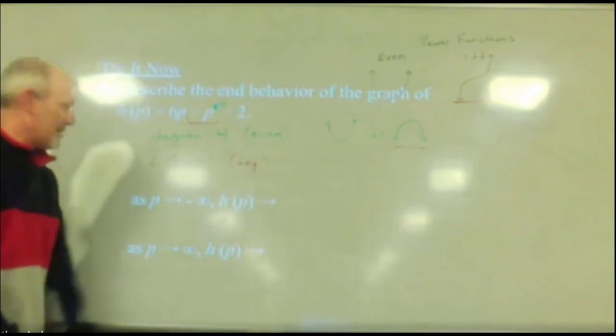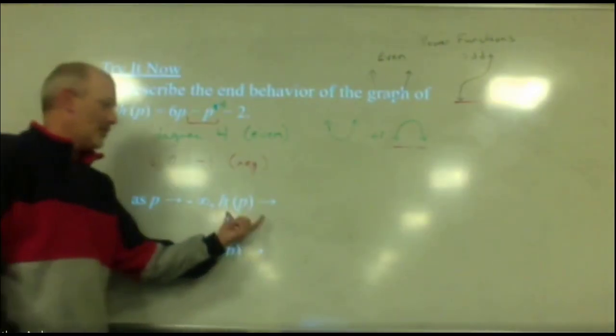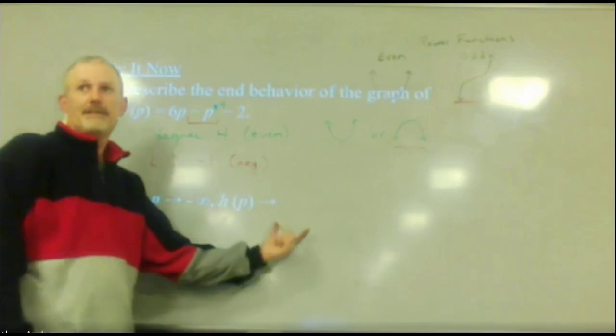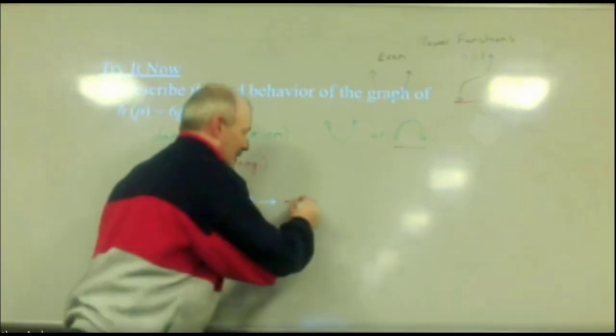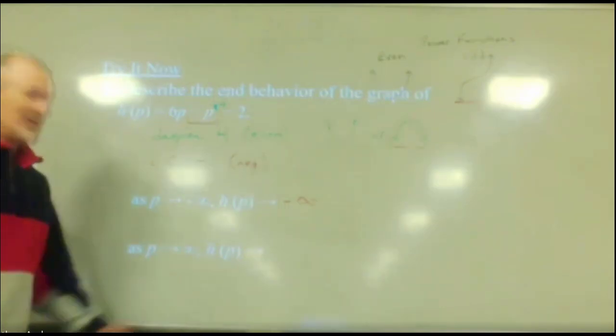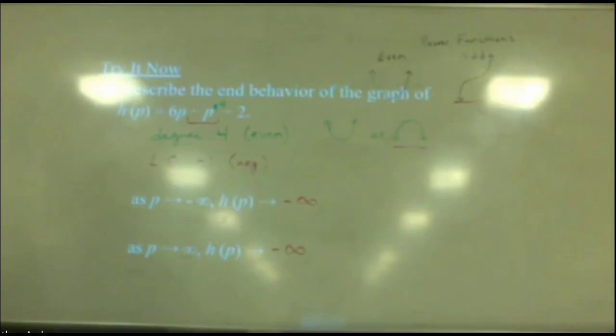So how do we describe that? This, again, is talking about the left-hand side. So what do we have to put in here to describe that it's going down? Correct, negative infinity. And then the other one is also going down, so this one is also going to be negative infinity for both of them. That's right.